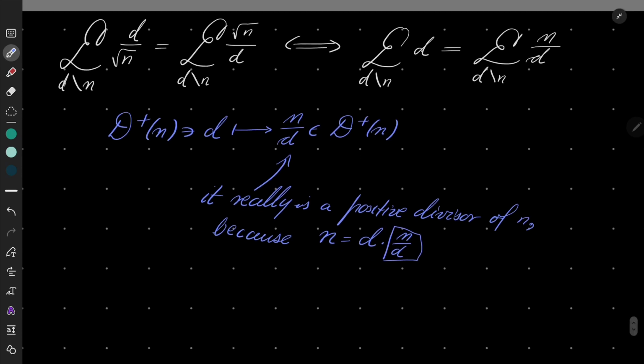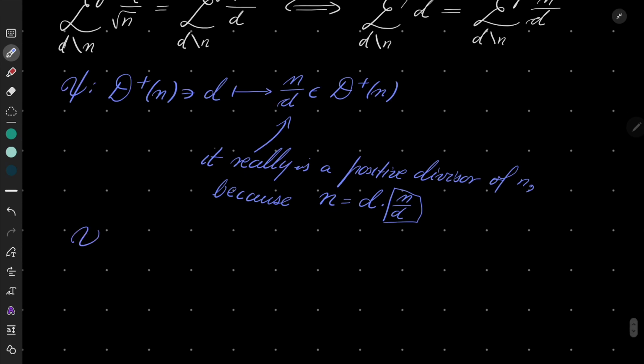And moreover, let's call this function, I don't know, psi. And see the following: psi composed with itself on any d is psi of n over d, and that is n over n over d, which is d.